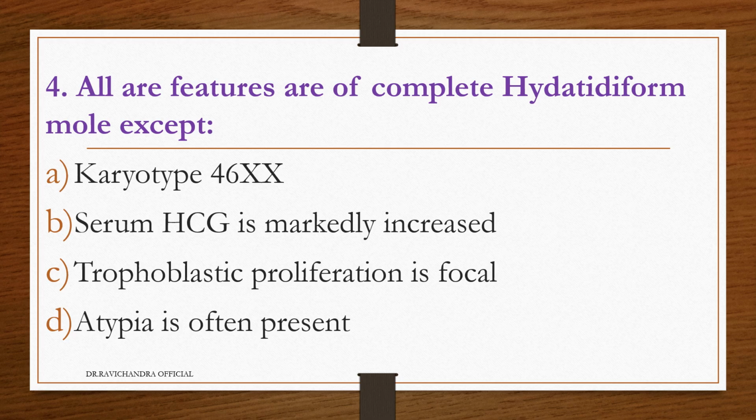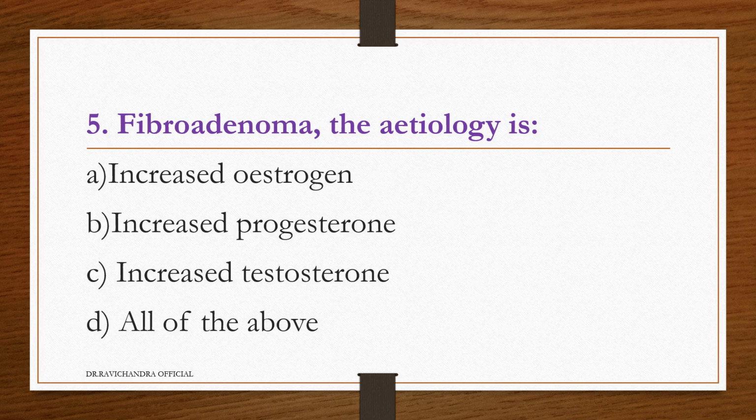Coming to the next question, fibroadenoma. The etiology is option A, increased estrogen, option B, increased progesterone, option C, increased testosterone, option D, all of the above. The correct answer is increased estrogen. Fibroadenoma is a common benign breast tumor and it is thought to be related to hormonal influences, particularly estrogen.